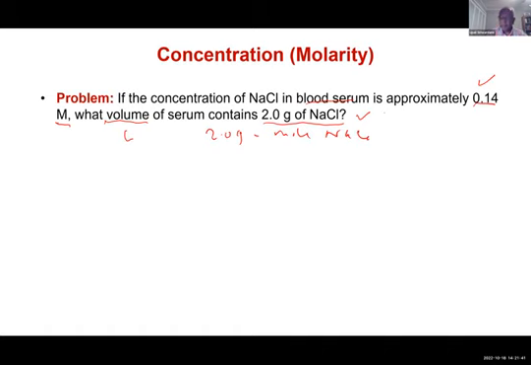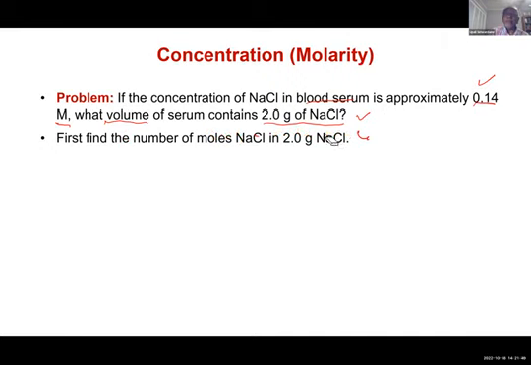How do you do that? Find the number of moles in 2 grams of sodium chloride. You calculate the molar mass of sodium chloride. Add sodium plus chlorine.